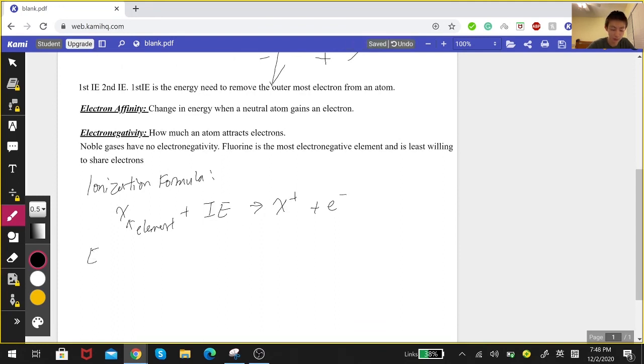Electron affinity is X, which is the element, plus an electron, which makes an anion.